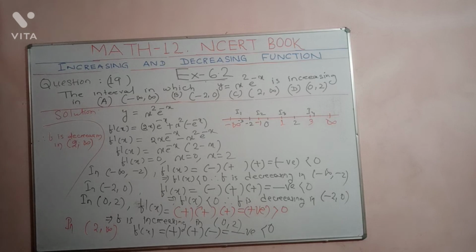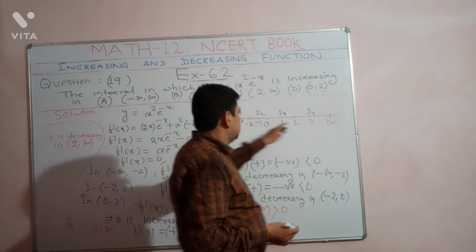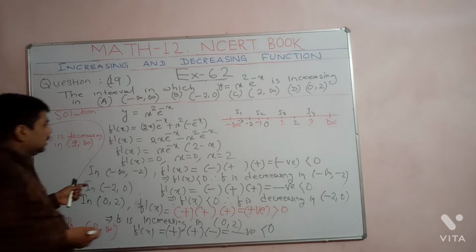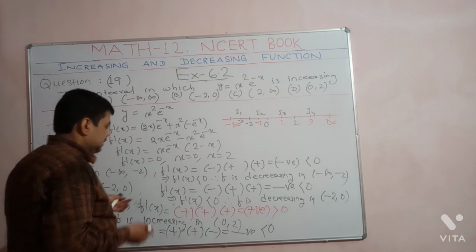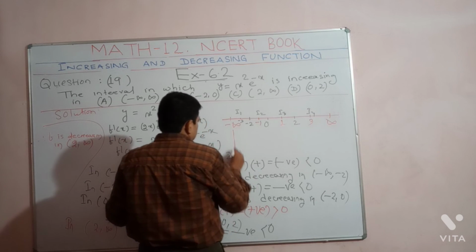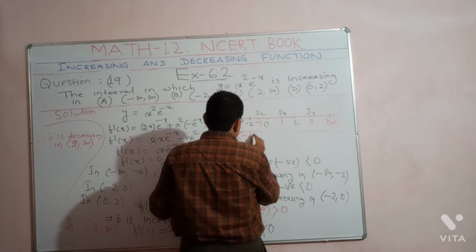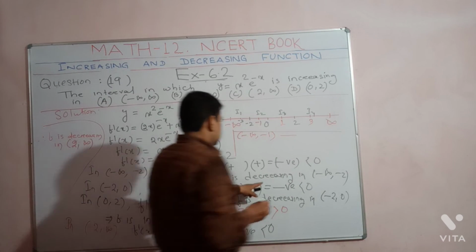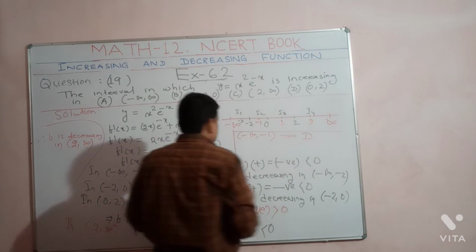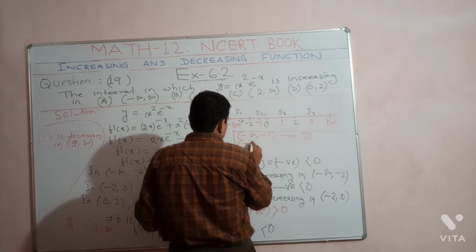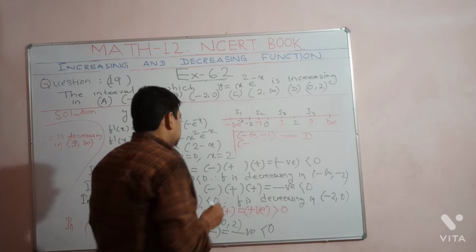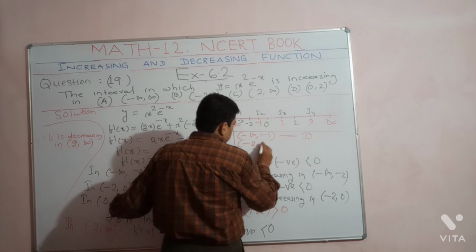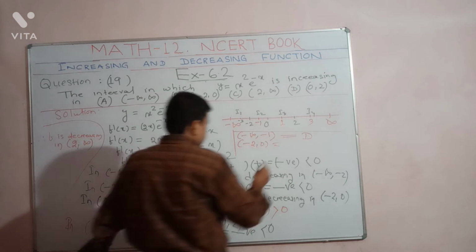Thus, in the overall interval minus infinity to infinity, the function is increasing and decreasing like that. In the interval minus infinity to minus 2, the function is strictly decreasing, yes or no? In the interval minus 2 to 0, the function is strictly decreasing.